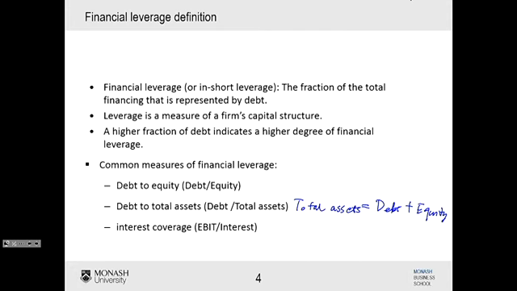And we could also use the interest coverage ratio, which is earnings before interest and tax divided by the interest payments. So think about this. There are three different ways of measuring. The first two are more or less in the broader definition of the capital structure. But the third one is a little bit narrower.